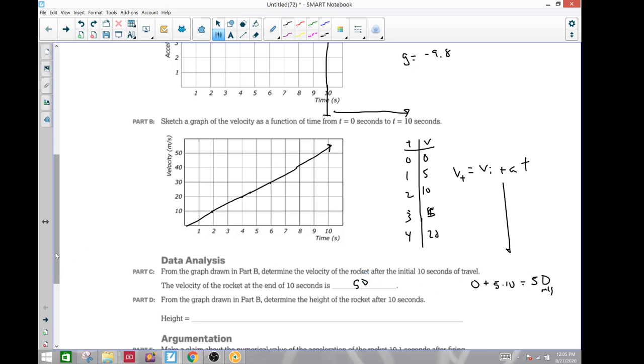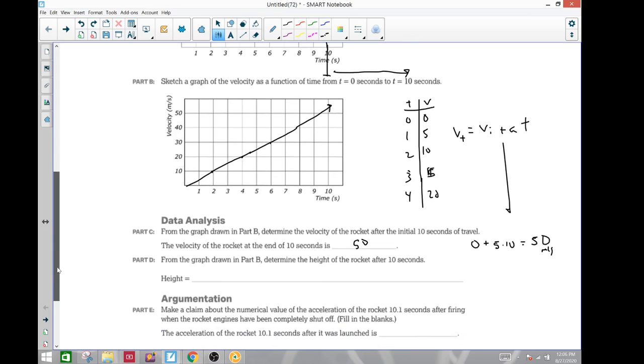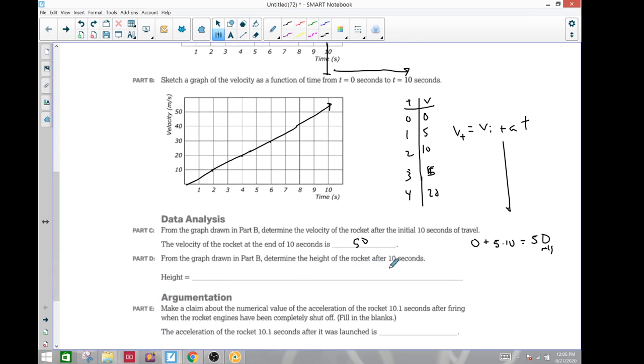From the graph drawn in part B, determine the height of the rocket after 10 seconds. All right, so now this is velocity versus time. They want you to use the graph. We know that the area under the curve is going to be the distance traveled. So I get one-half of the length times width of that rectangle, giving us our triangle.